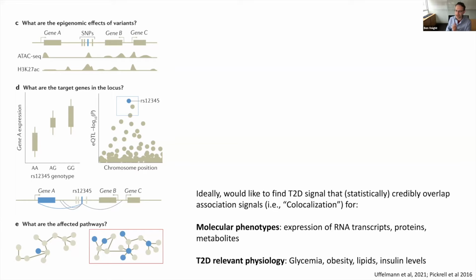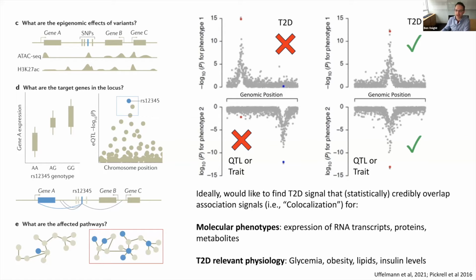To give you a little bit of that intuition, I have this picture that I took from a very nice paper from Joe Pickrell a couple years ago that describes this idea of overlap. On the x-axis is genome position. Every one of these dots is a SNP association test, and on the y-axis is the significance of that association.